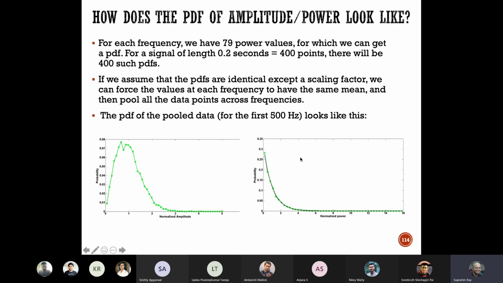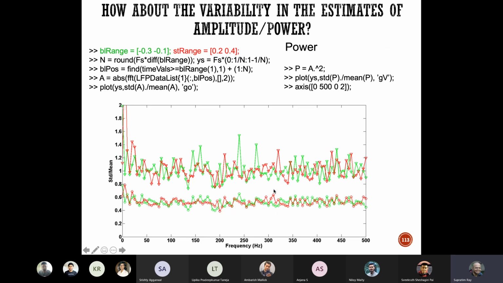So there's huge variability in the estimate of power even when the true power is 1. It follows an exponential distribution. For an exponential distribution, the standard deviation and mean are both 1, so that's why your coefficient of variation is sitting close to 1. This is actually a very nuanced point.